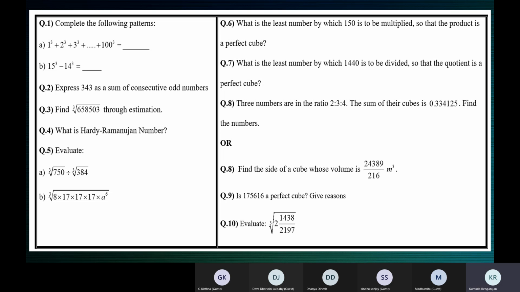Except the first 4 questions, the others we can try now in the class. Cube root of 750 divided by cube root of 384.